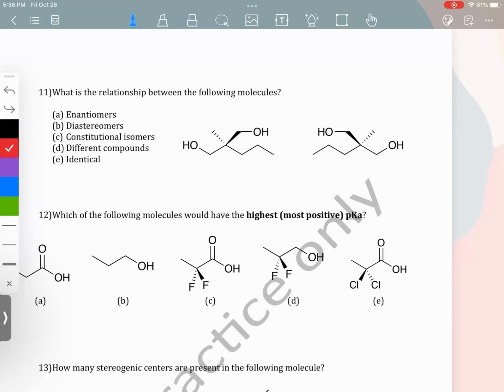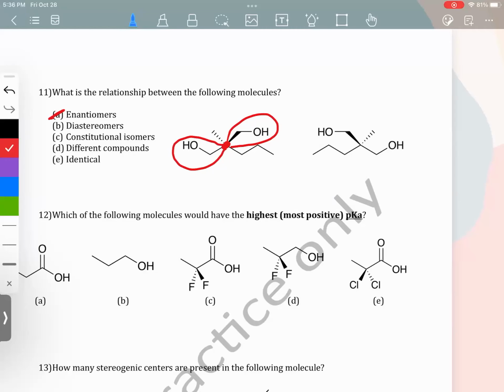So, can these two molecules here be enantiomers? No. Looking at it, you have two of the same type of groups attached to the carbon. Whenever you have that, it is not stereogenic at all. You always have to have 4 different groups around a centered carbon. So they can't be enantiomers.